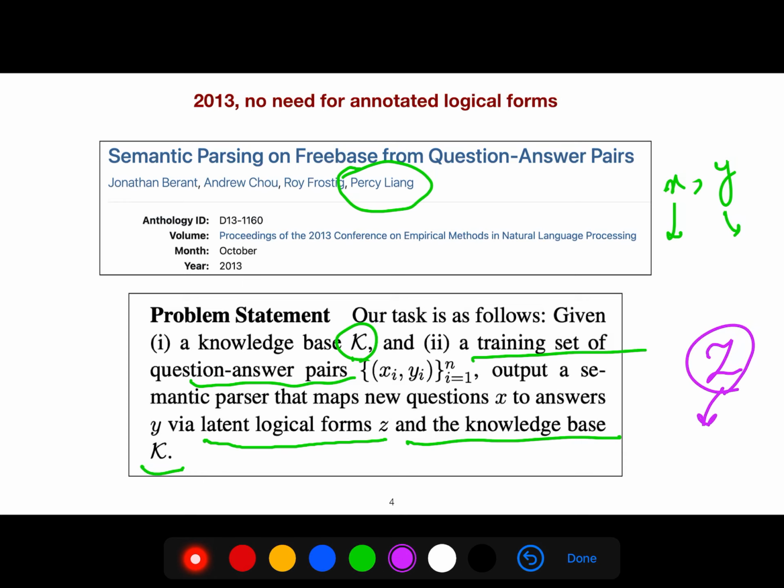Or like semantic hashing, where you have an autoencoder here, and we represent it with some discrete vectors such as 1 0 0 1 0. So this is the latent one. We don't know this Z, and then after you give it to the decoder, you get the same thing. So Z is implicit. And here Z is a logical form. We don't know that logical form.